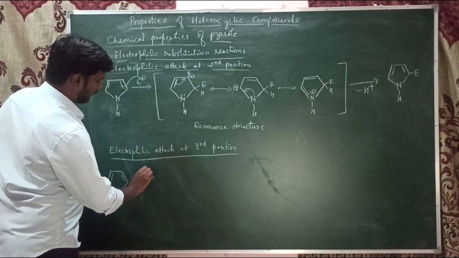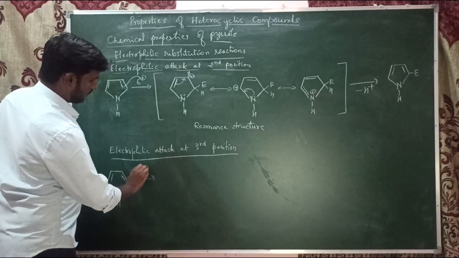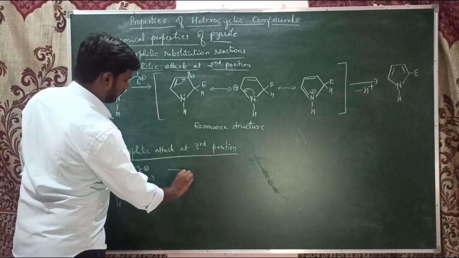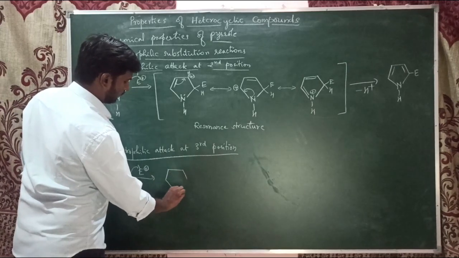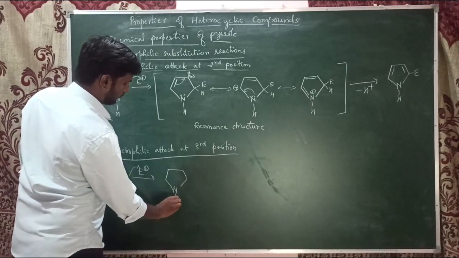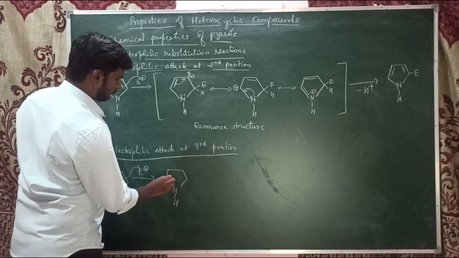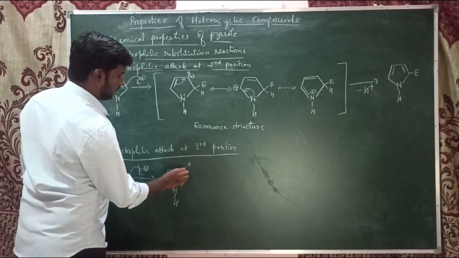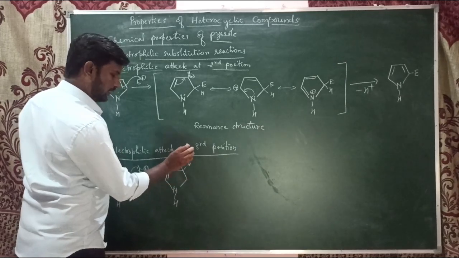So the electrophile is there, and it has attacked the pyrrole now. When the electrophile attacks here, there is the electrophile and there is hydrogen.